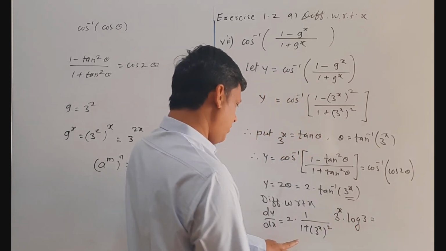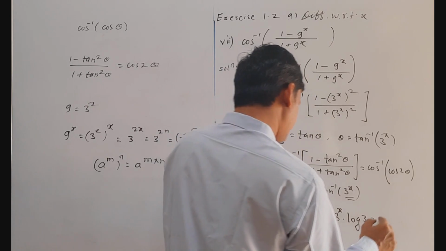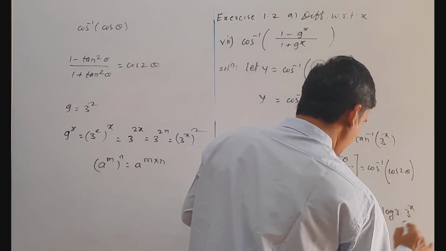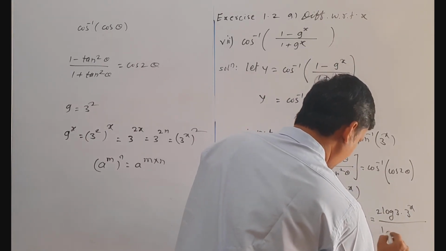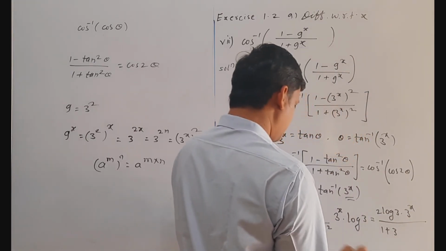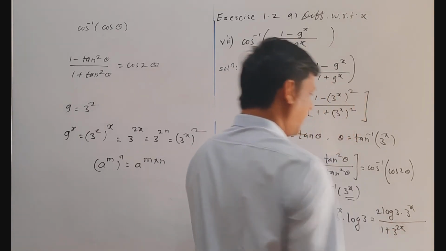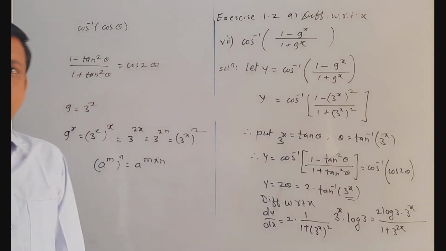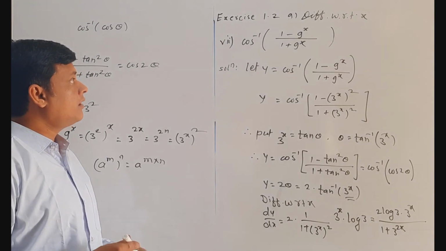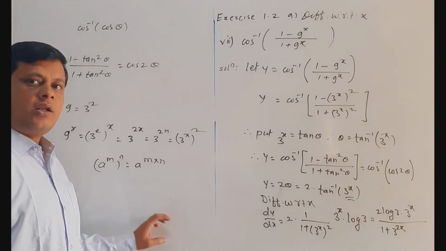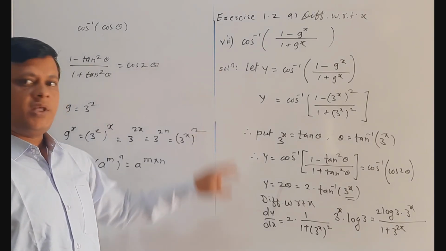So the final derivative we get here is 2 log 3 into 3 raised to the power x upon 1 plus (3 raised to the power x) power 2, so we write 3 raised to the power 2x. So in this way we have to find the derivative of the given function. So in this way you can solve the remaining questions with the help of these questions.